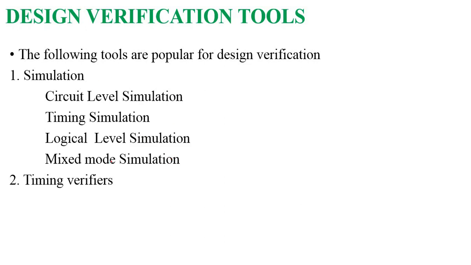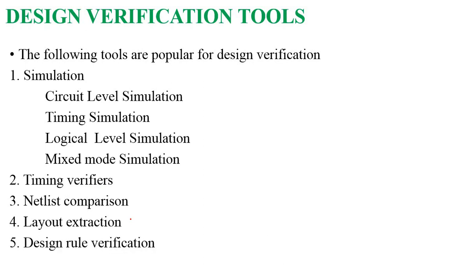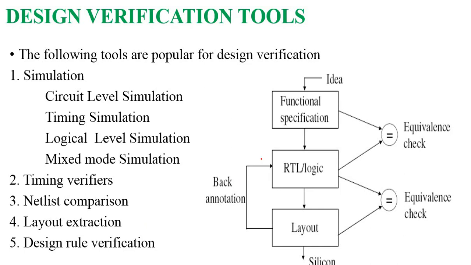After the simulation, the second one is timing verification, the third one is netlist comparison, and the last one is layout extraction. So see the structure of the design tool. Design rule verification. This is the design verification tool functionality.